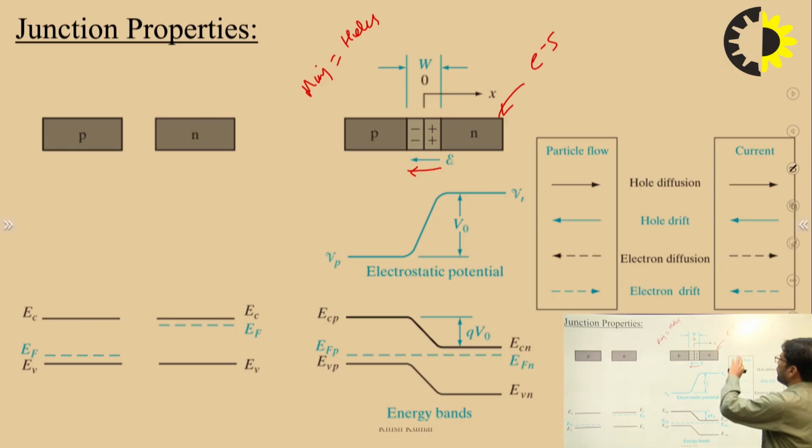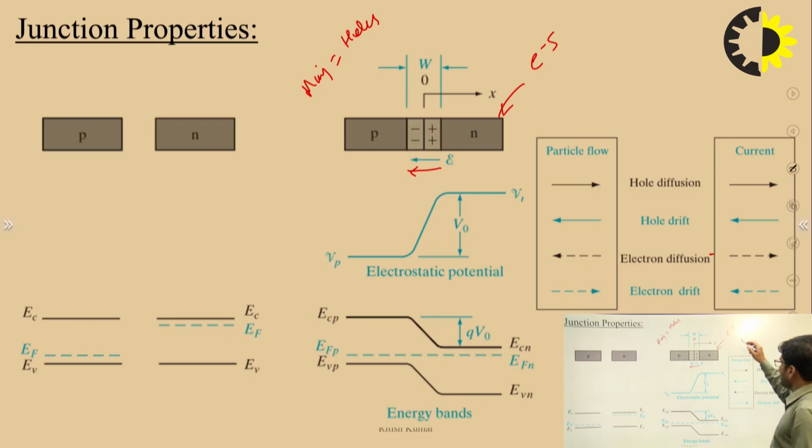While talking about the electron, it moves from n-type to p-type semiconductor by the diffusion process. So you can see in the diffusion process the electron movement is from n to p, because the current should be in the opposite direction of the flow of electrons. That's why the current direction is opposite in the case of electron.